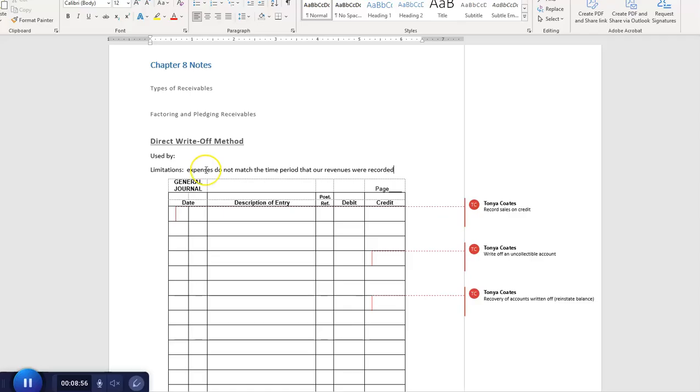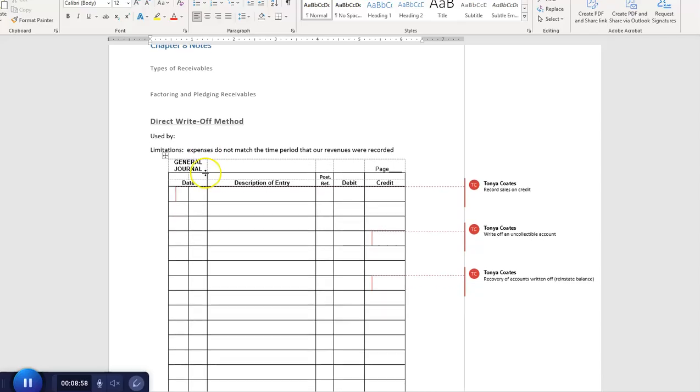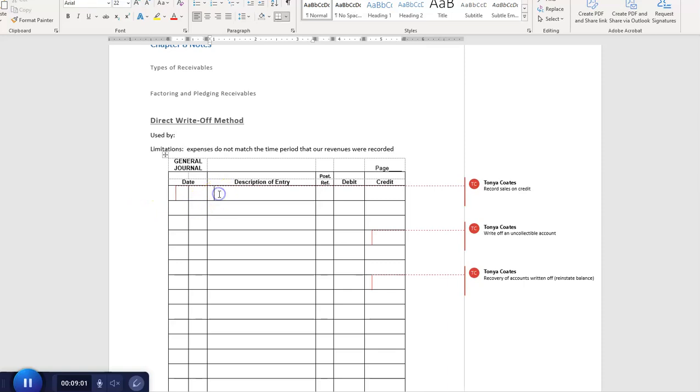Okay, just to recap what we did: if we record something on credit, we debit accounts receivable, and we would then credit sales revenue.